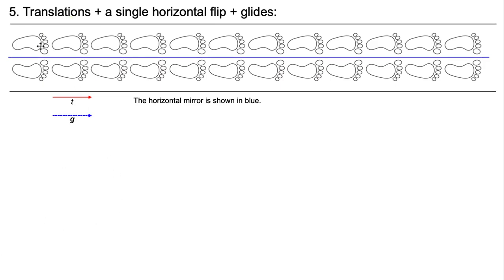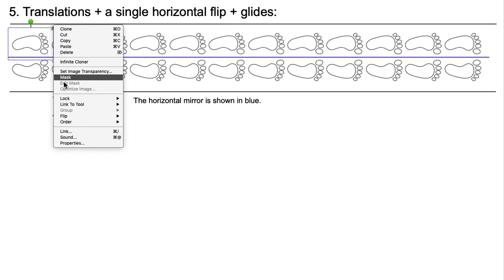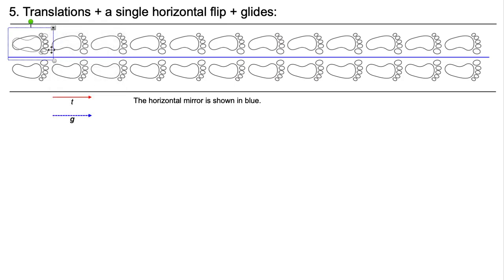It turns out that if I'm looking at a glide, I want to take the first left footprint, flip it upside down so it lands on this footprint, and then translate it to come over here. So the glide is taking the left footprints into the next right footprint. It takes this left footprint into this one, and this left footprint into this right footprint.